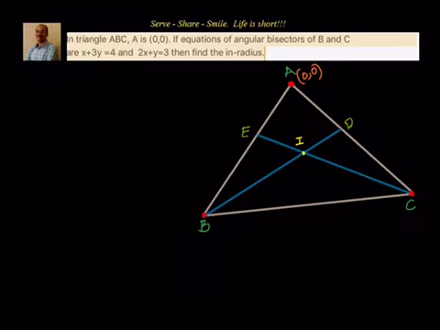So what is our approach? Step 1: find coordinates of I. Step 2: I have to find two points on BC.